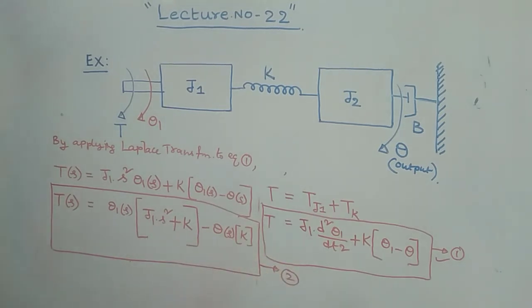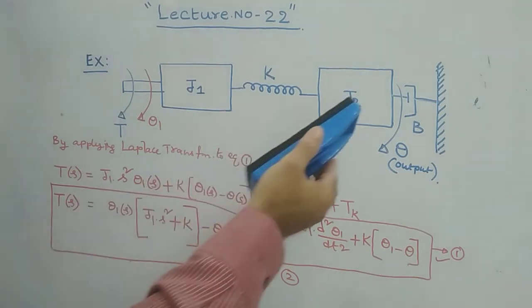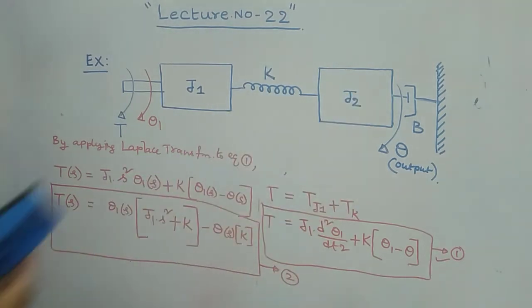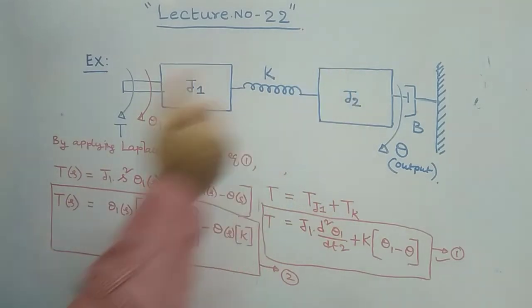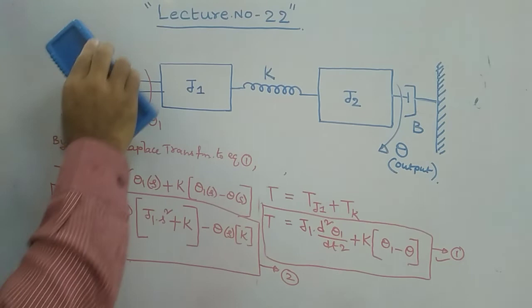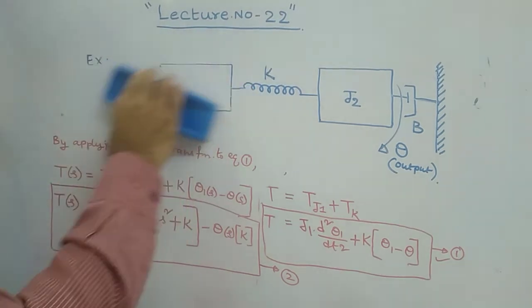Now you draw the free body diagram for J2, and the same two expressions will come here also. Then I will erase this diagram.